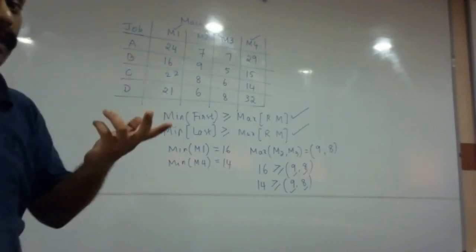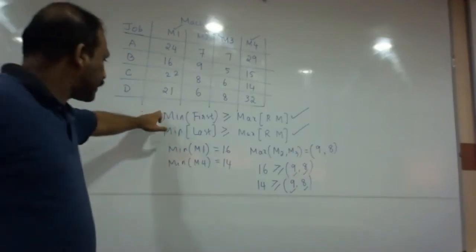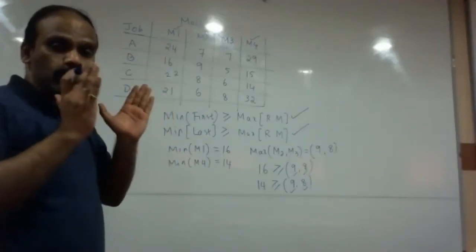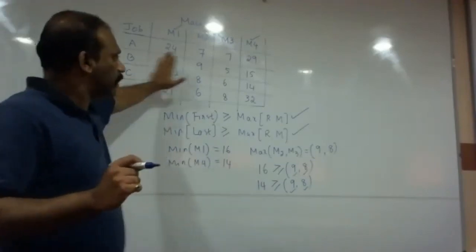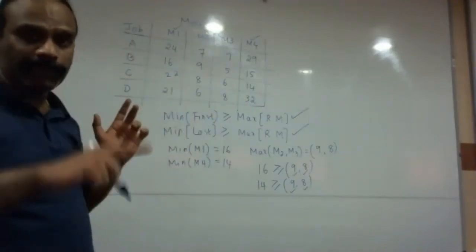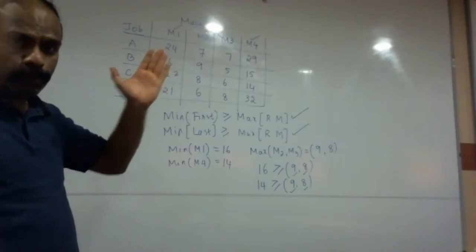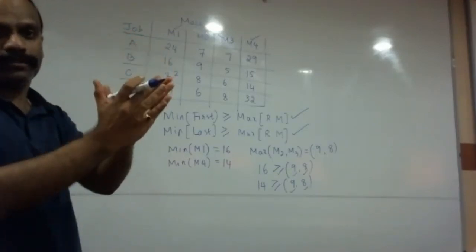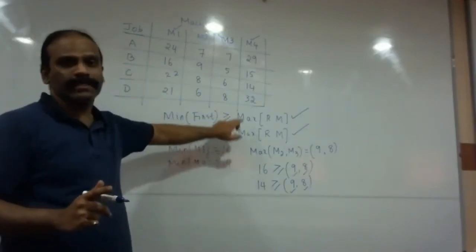Then the problem can be reduced into a two machine problem by directly taking the first machine and the last machine. That is, M1 and M4 can be directly taken. The whole problem is reduced to two rows, and this can be done only when both the conditions are satisfied.